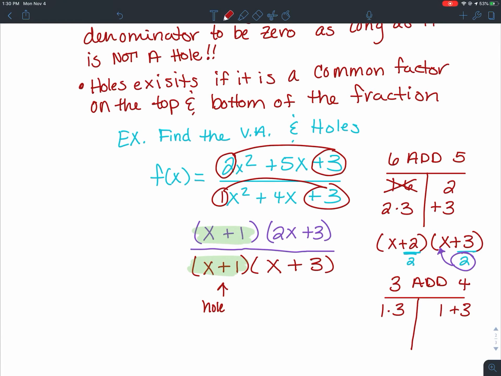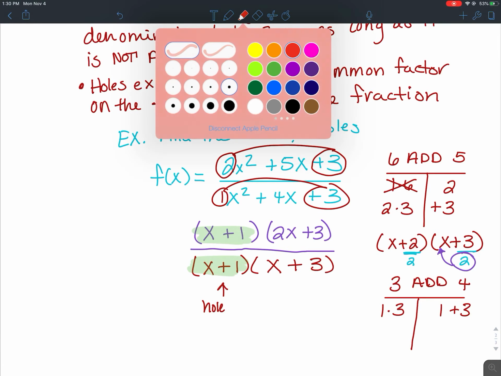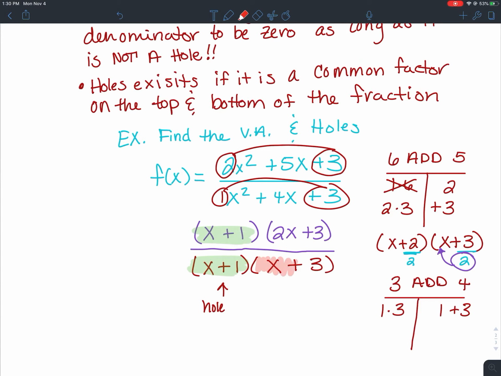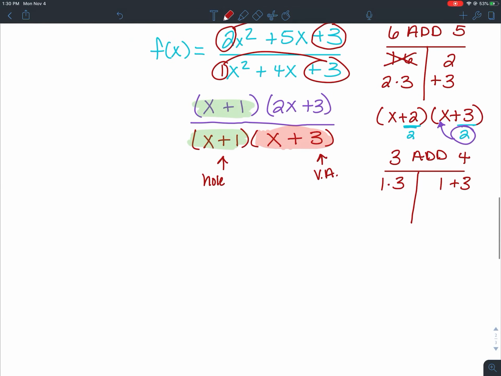So, those right there are my hole. Okay, and then this guy, what's remaining, this red is my vertical asymptote. But it's not that easy, we gotta write it. So to get the hole, because we need both x and y, the x value is just x plus 1 equals 0. So the x value is -1.